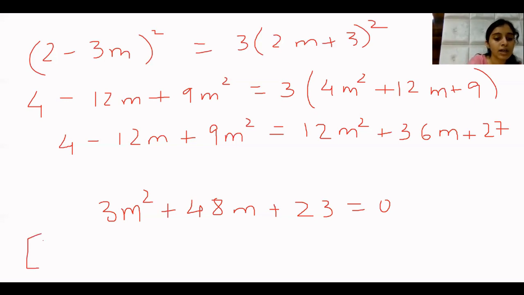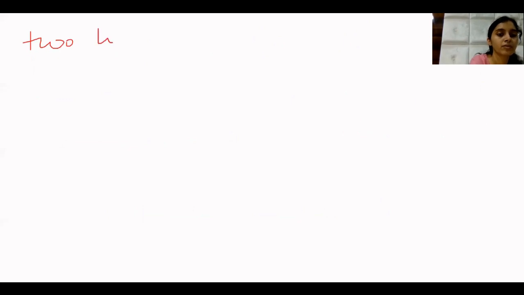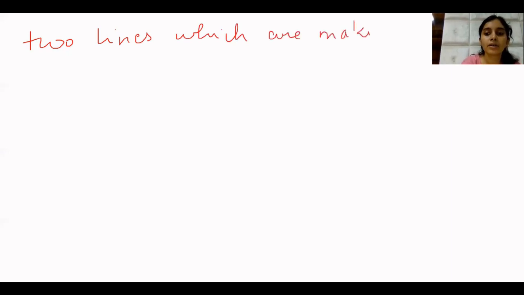So we can say that this is the auxiliary equation of the two lines which are making an angle of 30 degrees with the given line.